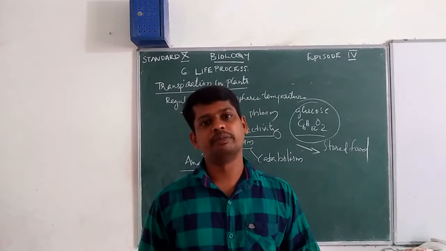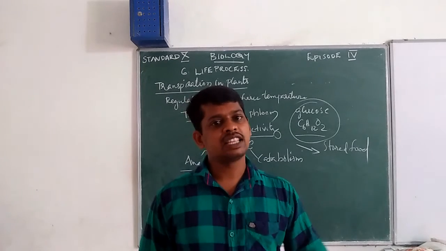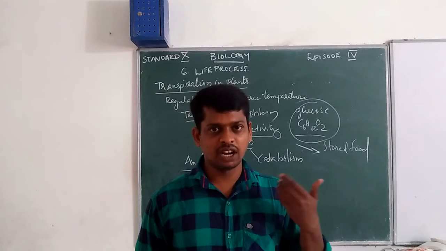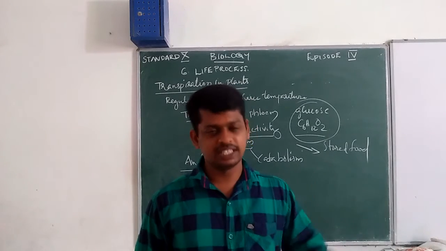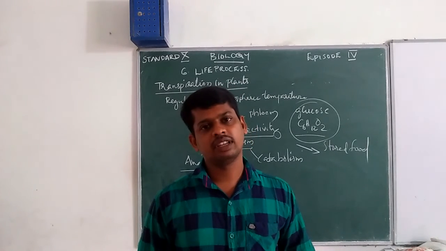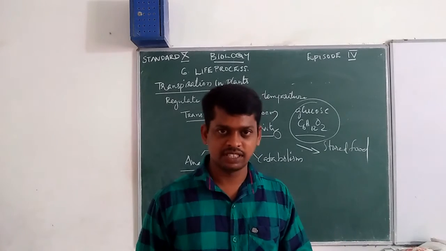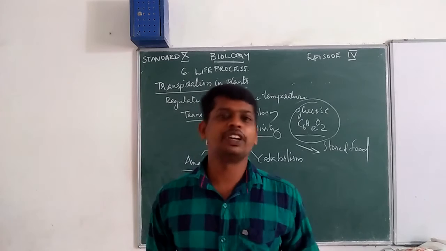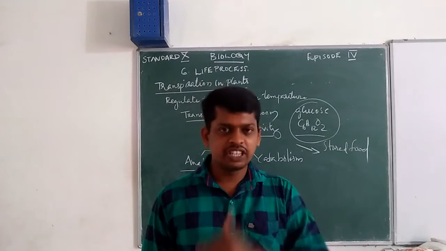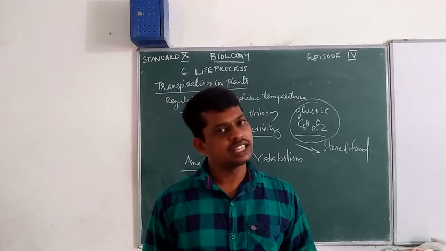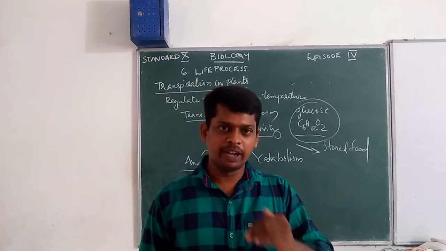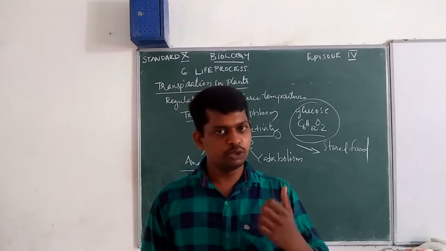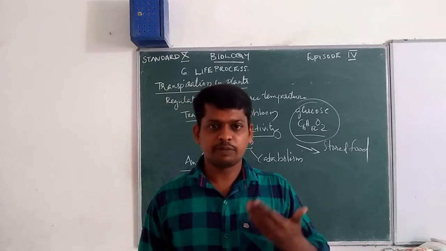But in the daytime, plants absorb carbon dioxide and release oxygen. That is called photosynthesis. The atmospheric gases are regulated by the method of photosynthesis. Do you know about atmospheric nitrogen?